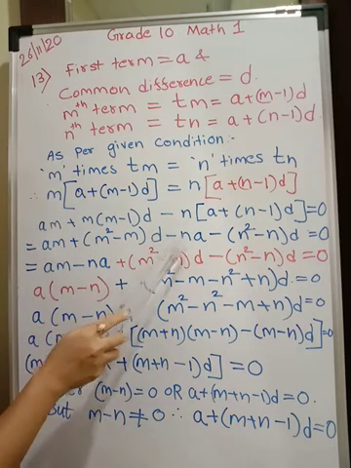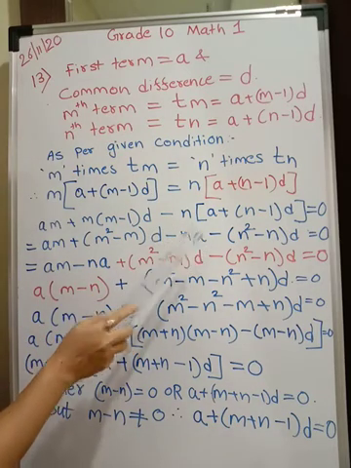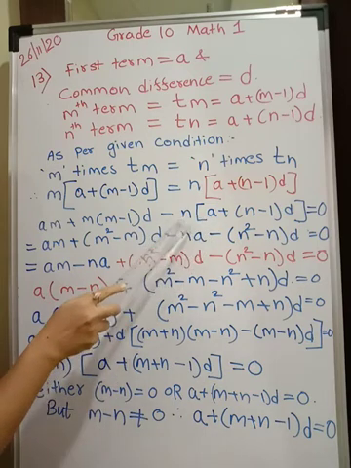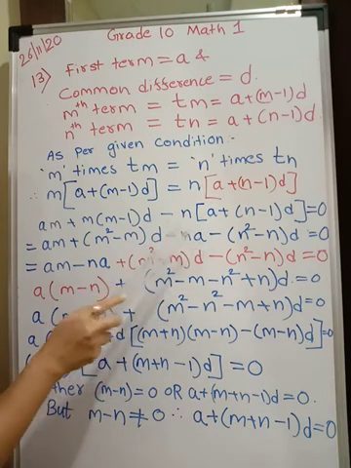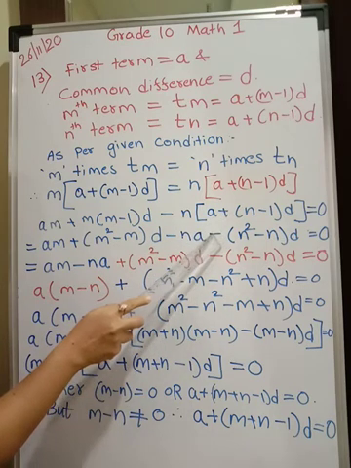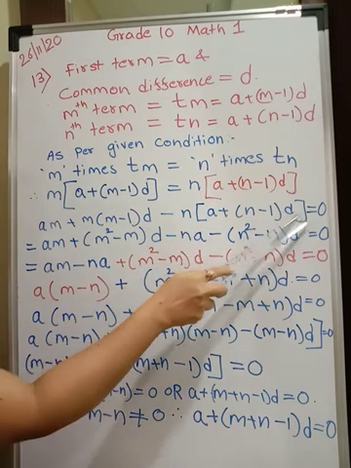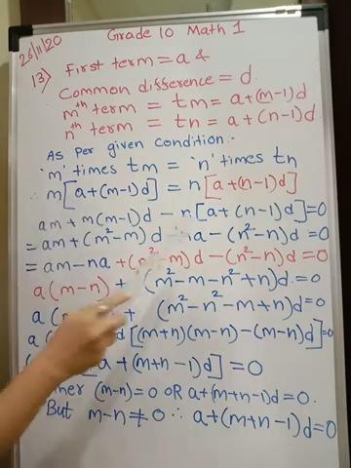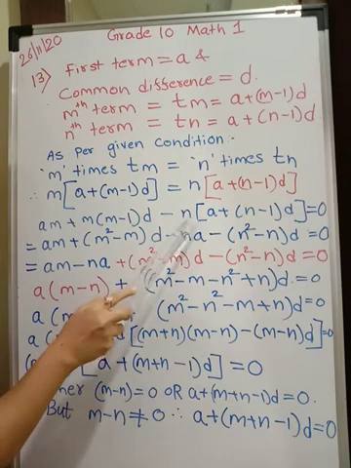Similarly here, minus nA. Then first term I am multiplying, n into A is nA, minus into plus is minus. So we are multiplying this bracket. In this case we were multiplying the bracket only with m. Here we have to multiply with minus n.